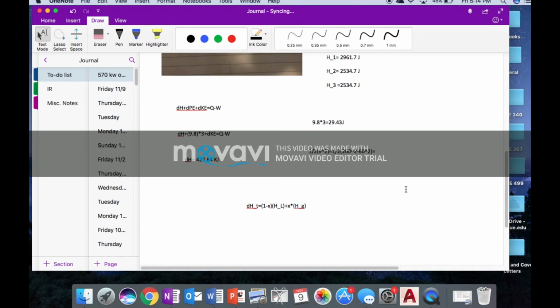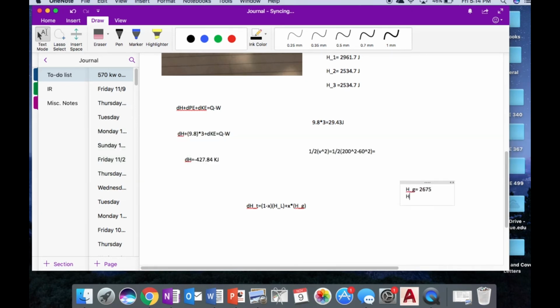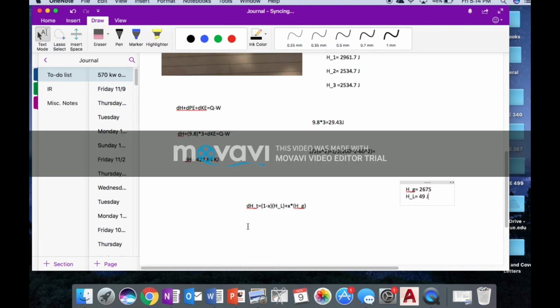And he gave me values in the back of his book: H sub G is 2,675, and for H sub L, I was given a value of 49 joules. Once you plug those numbers in and do that algebra, including your delta H total, you're going to get an X value of 0.93.